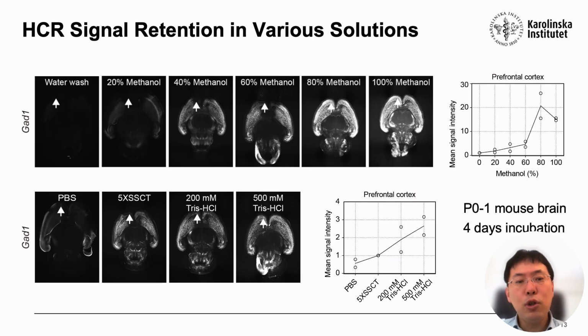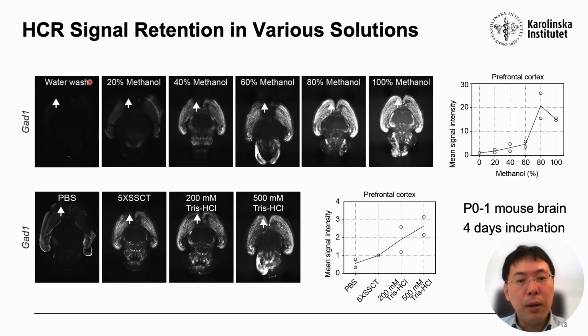In terms of tissue clearing, we use the organic solvent-based method, which involves dehydration, delipidation, and refractive index matching. To preserve the signal during this process, we investigated how different buffers and dehydration conditions affect DNA chains hybridized in situ. This slide shows how much of the amplified DNA chain was retained under various buffer conditions.